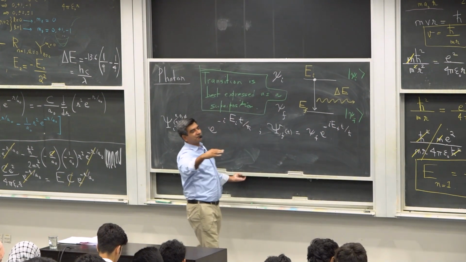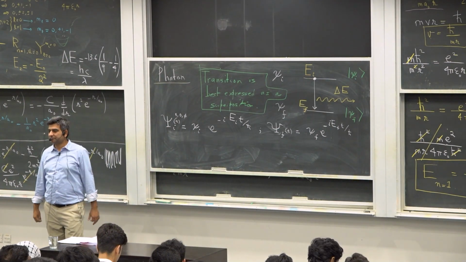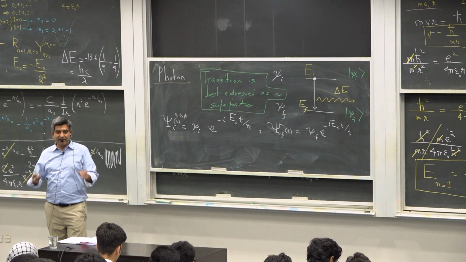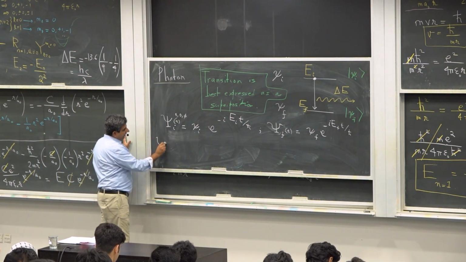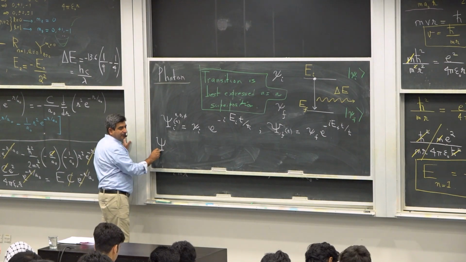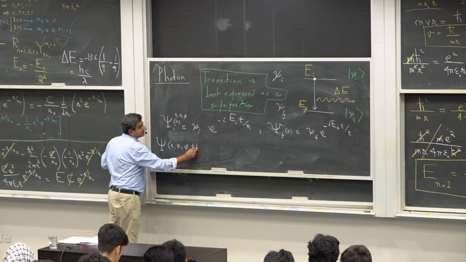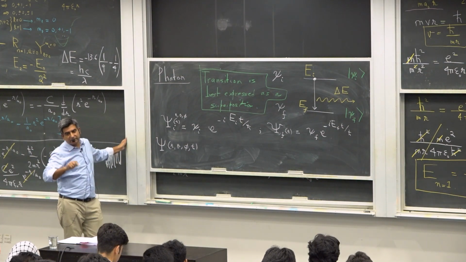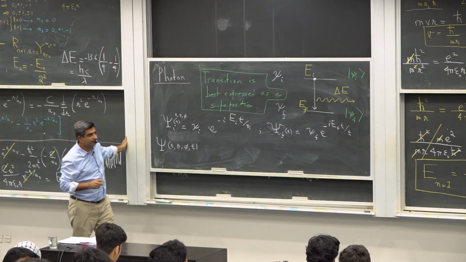Now what's the total wave function in a state of superposition? I just add up these wave functions. If I were to make an equal superposition, I would write psi of r, theta, phi, time as a sum of these wave functions with 1 over root 2, because I need to normalize.